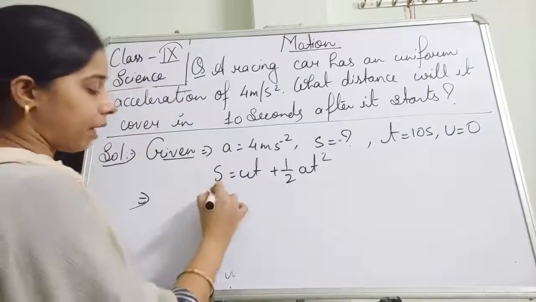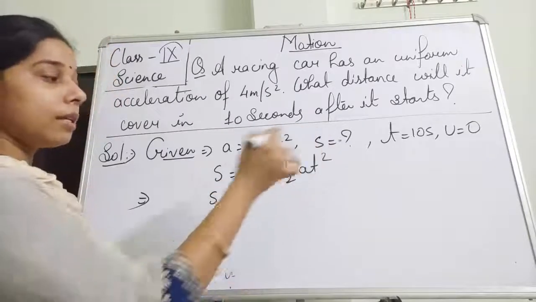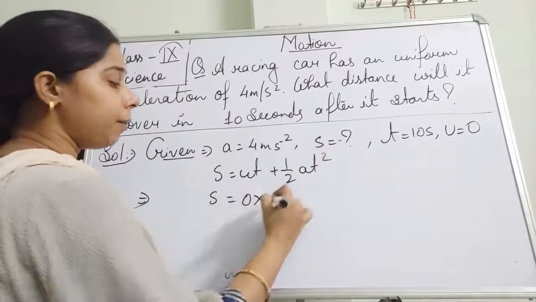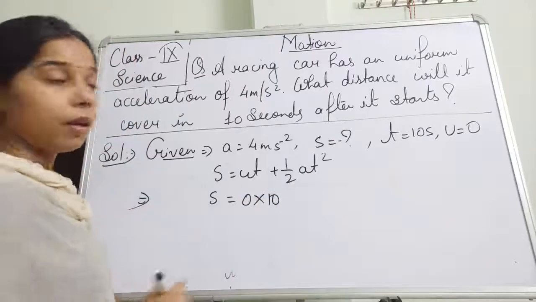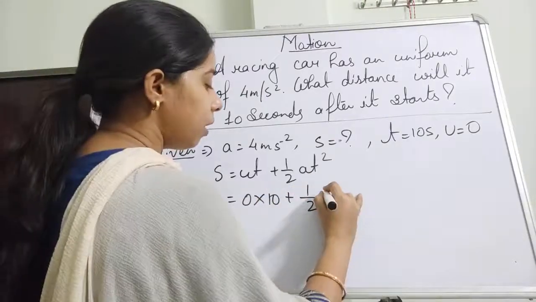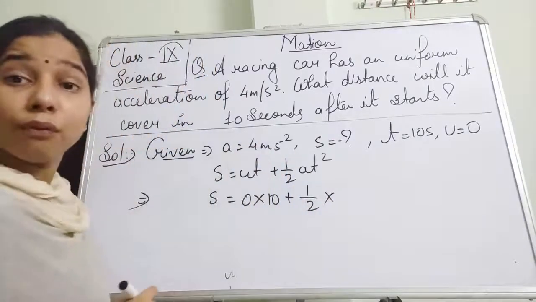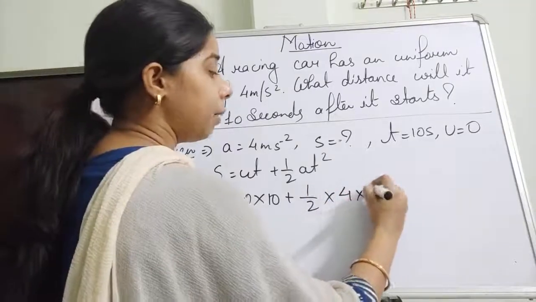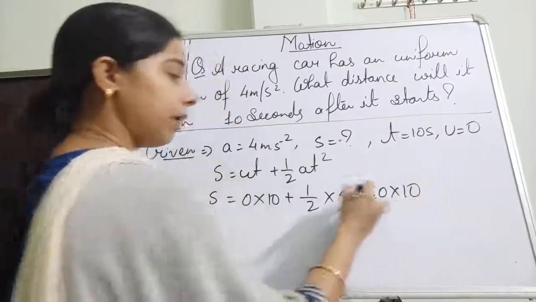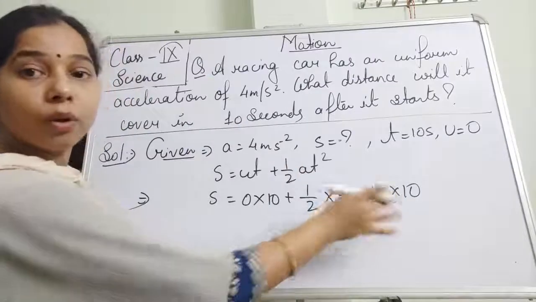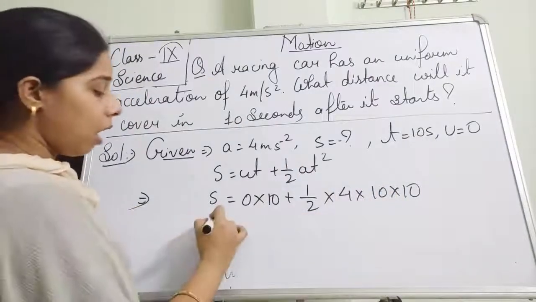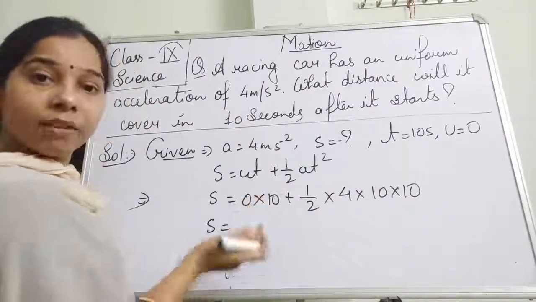S, that we have to find, is u which is 0 into time 10, plus half, acceleration is given, that is 4, into t into t. T square is there, that's why 10 square or 10 into 10. Now 0 into 10 will be 0.